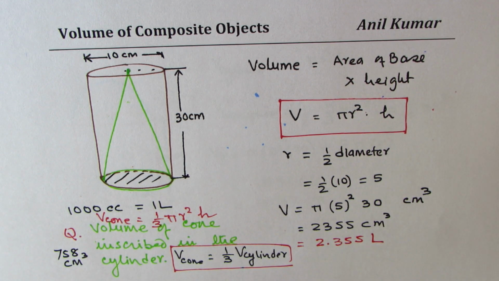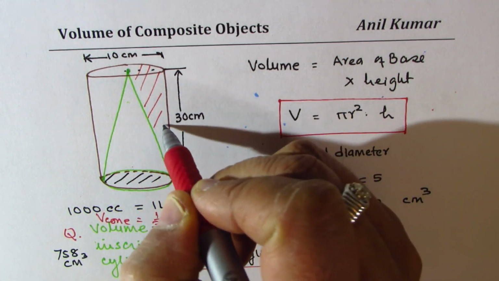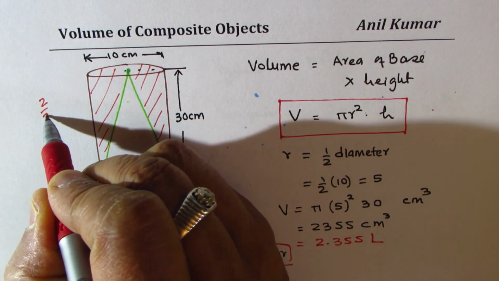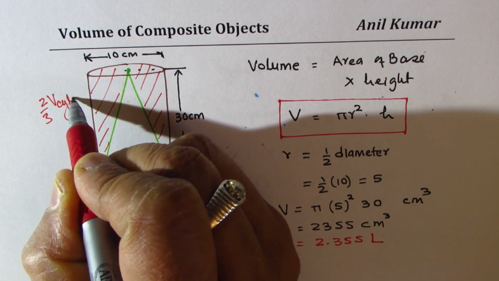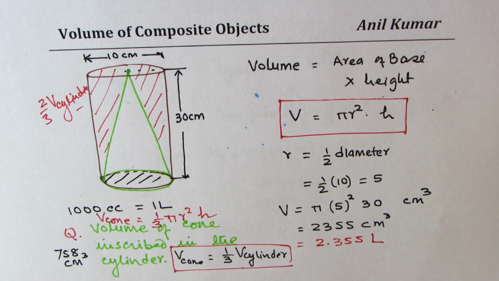Correct? So it's kind of important. You can also get a question asking what is the volume of space in between. That will be 2/3 the volume of the cylinder. So you can think like this when you solve questions based on volume.